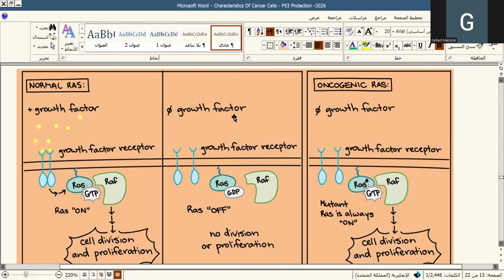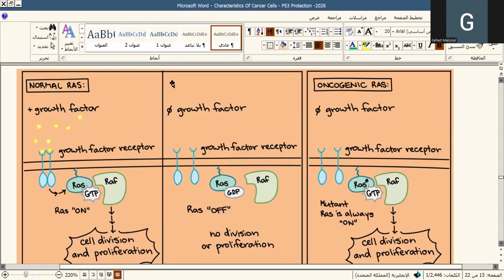And in the normal condition, we also have another possibility. These two possibilities are for normal RAS. Here we have the normal RAS in the presence of the growth factor, and here we have it in the absence of the growth factor. The normal is that when there are molecules of growth factor, it gets stimulated and bonded to GTP and starts cell division and proliferation.